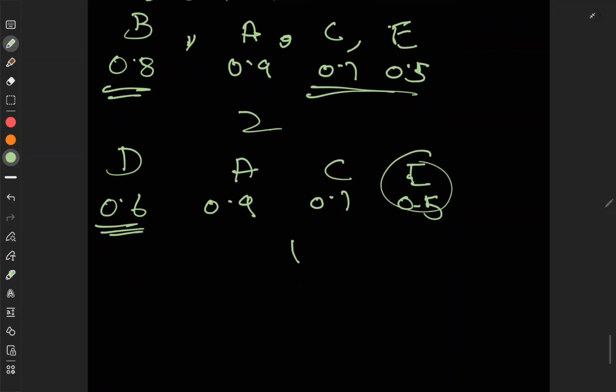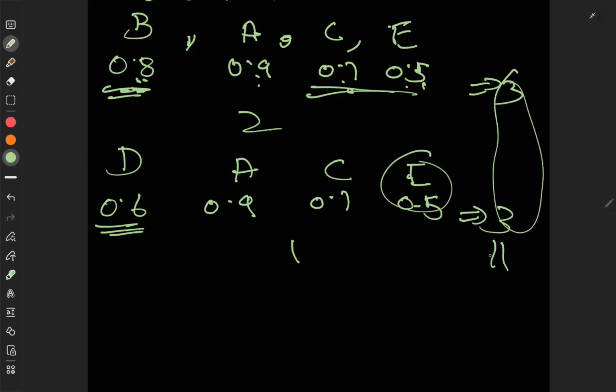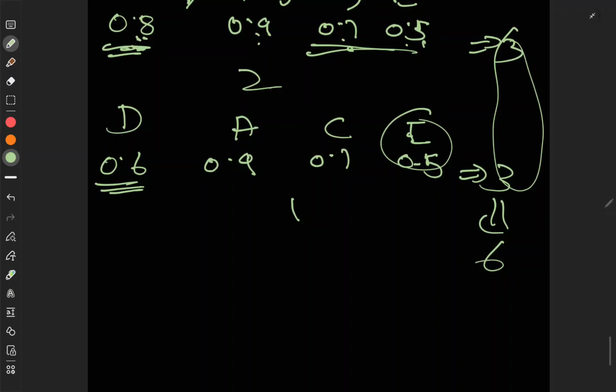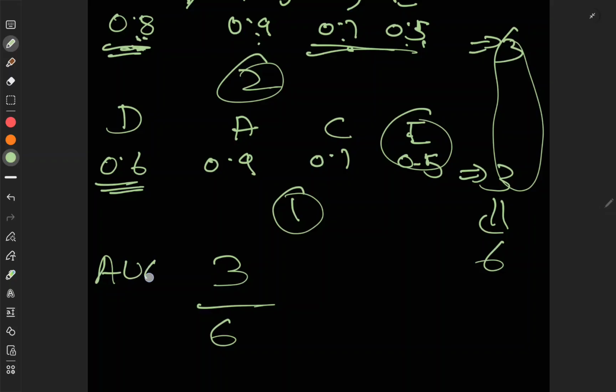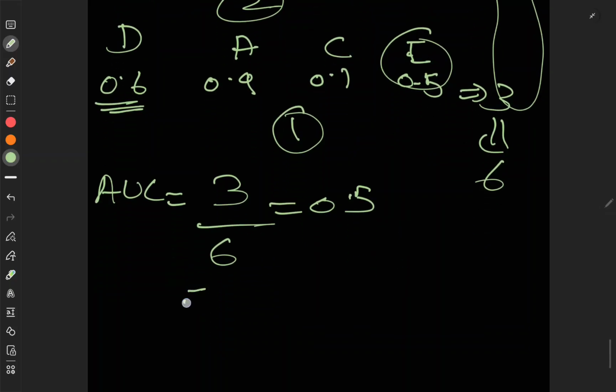So total how many comparisons did you make? For B, 3 comparisons: 0.8 with 0.9, 0.7, and 0.5, and the same 3 for D. So total 6, and 3 times the positive scored higher. So your AUC comes to 3 by 6, that is 0.5. Generally a good model should be greater than 0.5, because 0.5 tells that the model is random.